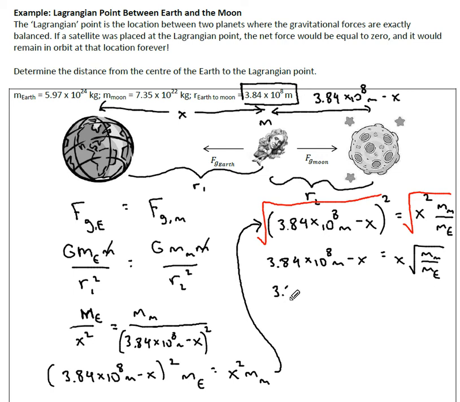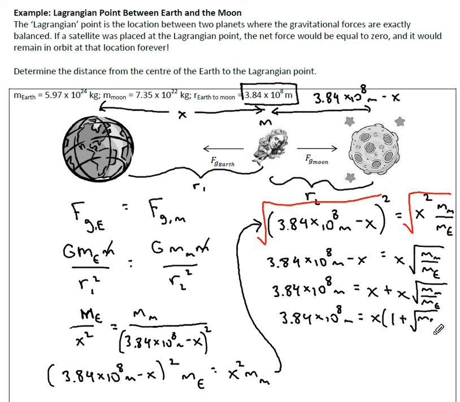So we have 3.84 times 10 to the 8 meters. I'm going to move the x term over, so we get x plus x times the square root of the mass of the Moon over the mass of the Earth. I'm going to factor now. We get 1 plus the square root of mass of the Moon over mass of the Earth.